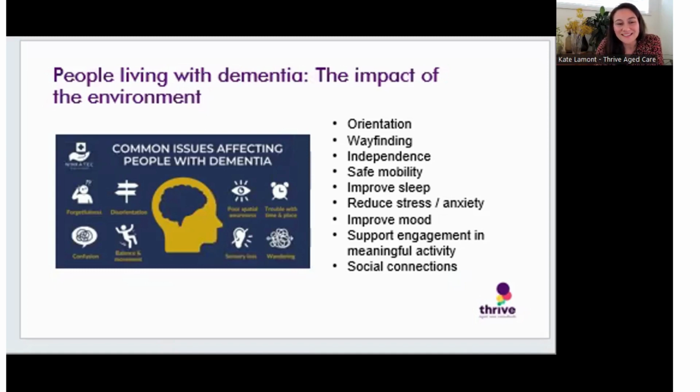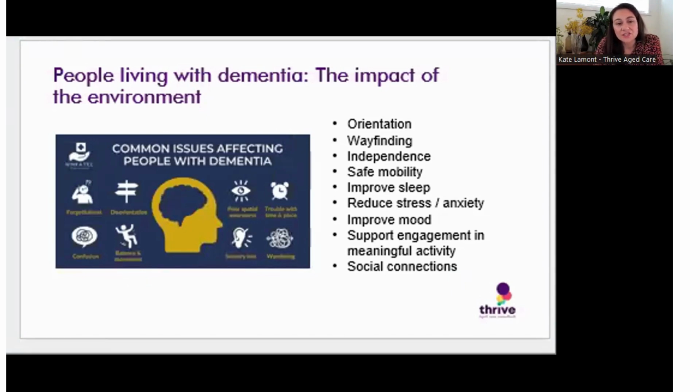Things that we can see might be the person wandering, it might be the person being agitated, or we're describing them as having aggression. They might be disruptive. They might be withdrawn, not wanting to engage in activities or social interactions.